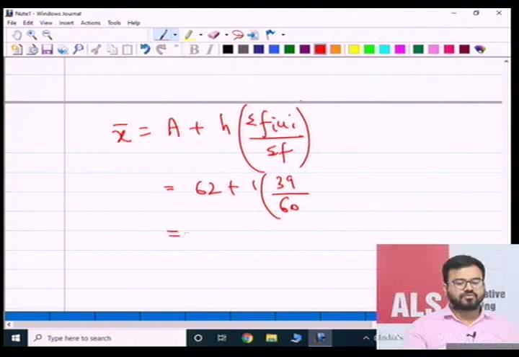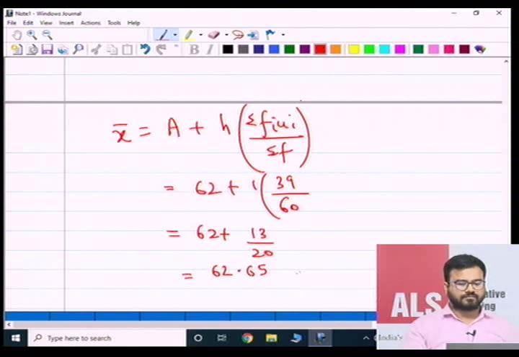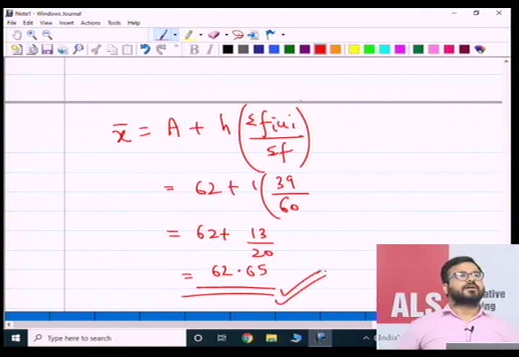So 62 plus 39 over 60, we can divide by 3. So 62.65. That is the mean. Getting it? Any doubt?